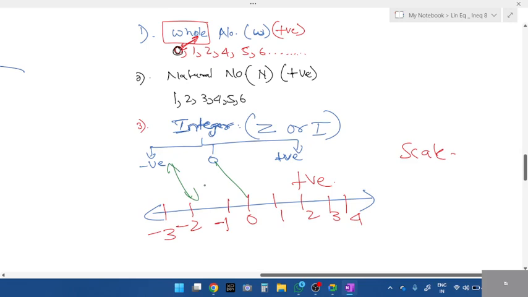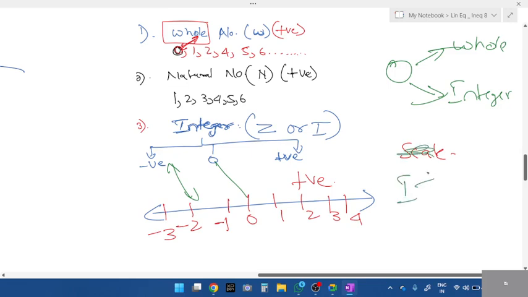Anything which is positive or anything which is negative, and 0, is integer. So if I take 0, you can call 0 as whole number, and you can also call 0 as integer. Both are correct. If I take number 1, what are the different names given for one student?